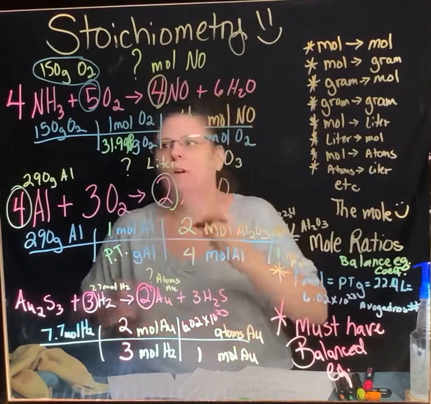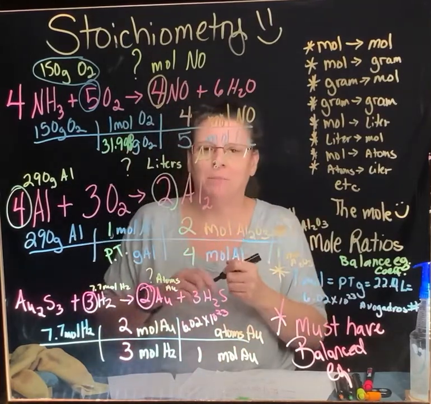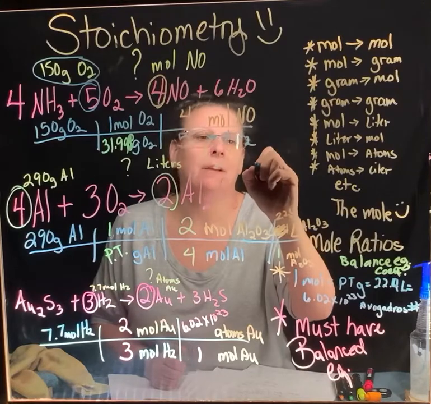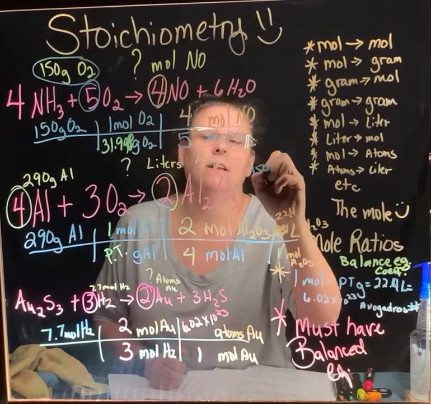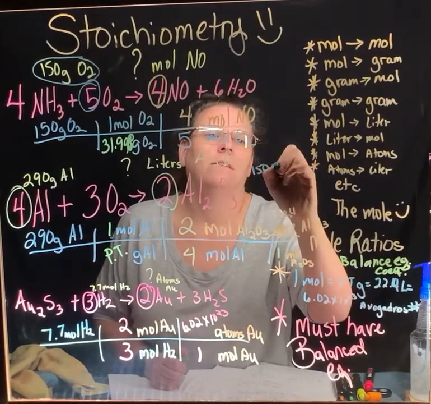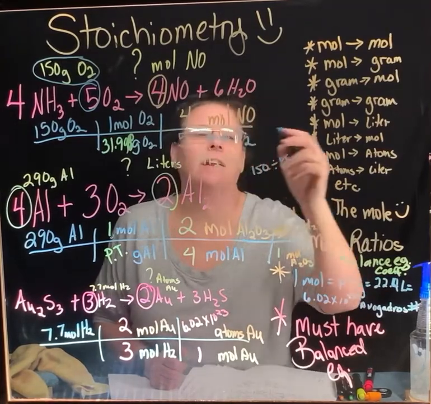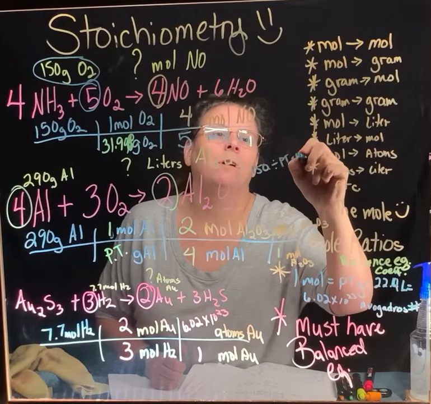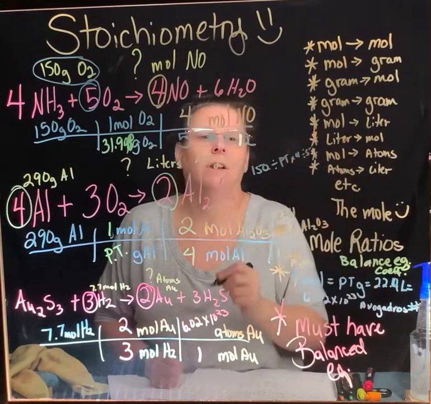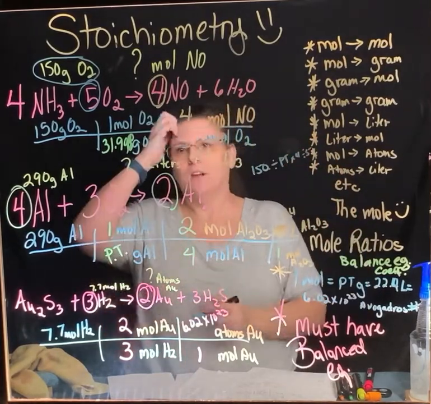So in my calculator, it would be 150 divided by the periodic table, because I can't write here, times 4 divided by 5, and then enter. So there are multiple ways you can do it.